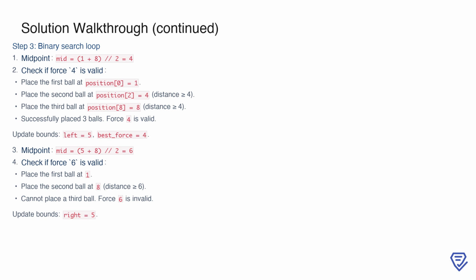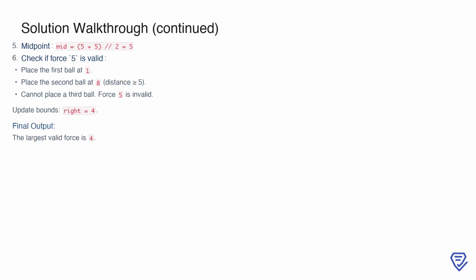Checking if force 6 is valid, we place the first ball at position 1 and the second at position 8. However, we cannot place a third ball while maintaining a distance of at least 6. As a result, force 6 is invalid, so we update the bounds by setting right equals 5. With the updated bounds, we calculate a new midpoint, mid equals (5 + 5) // 2 equals 5.